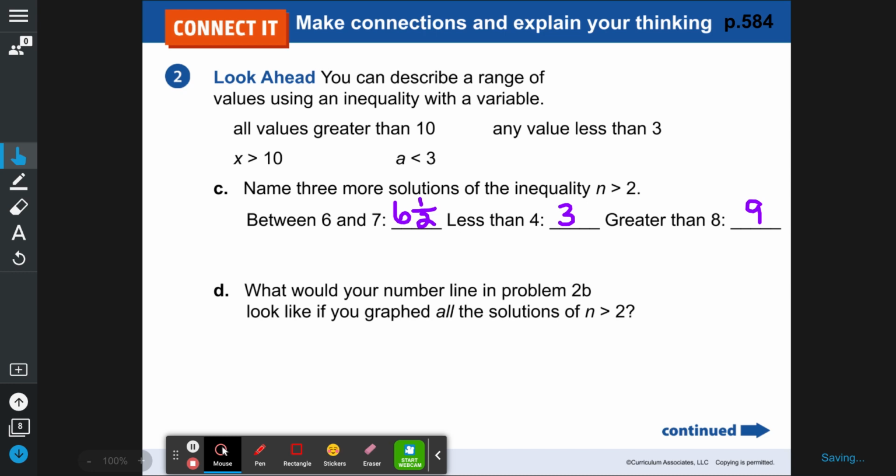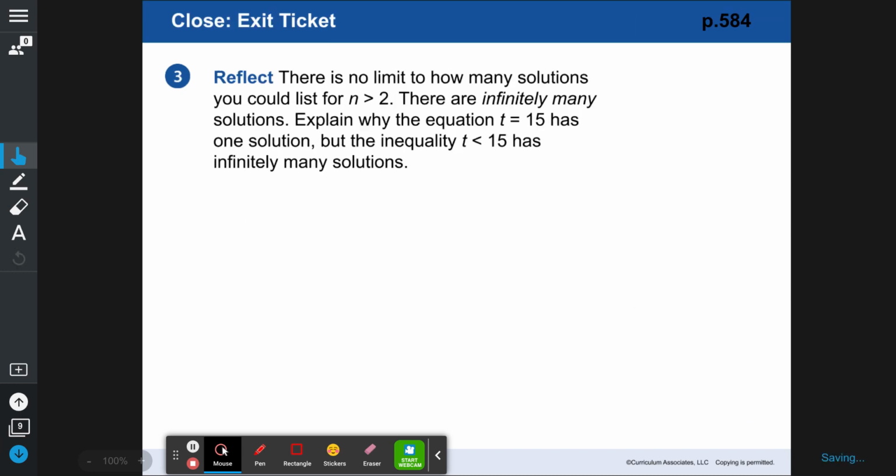Okay? So that brings us to a reflection question. There is no limit to how many solutions you could list for n is greater than 2. There are infinitely many solutions. That means that the number keeps going on forever and ever.